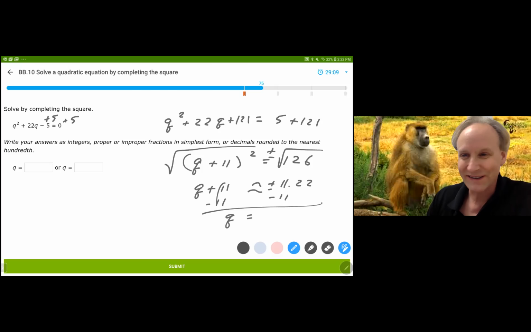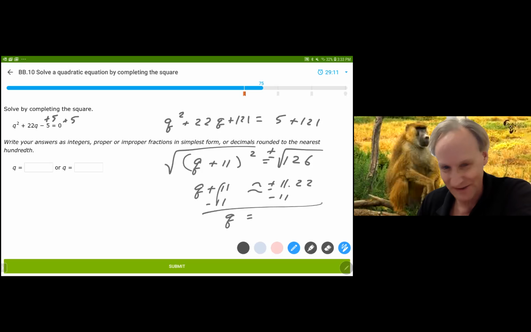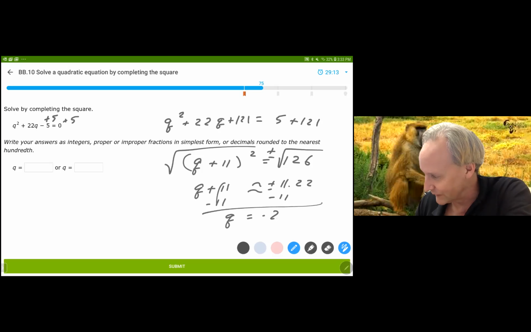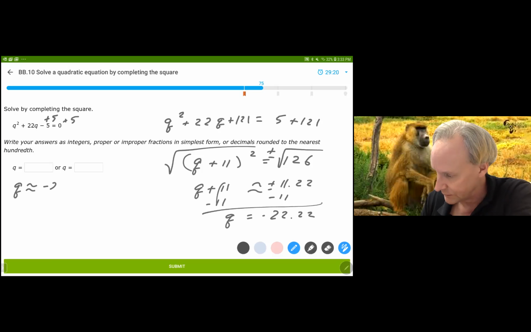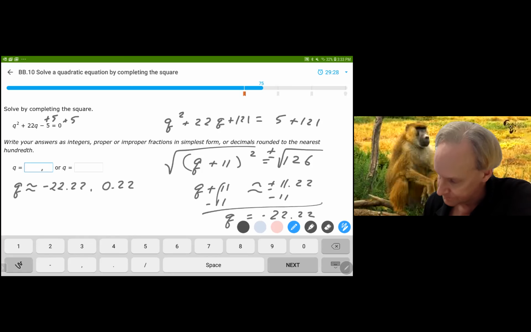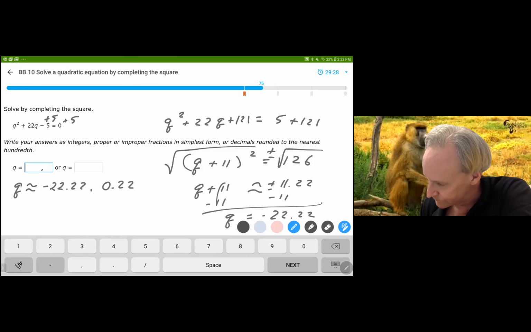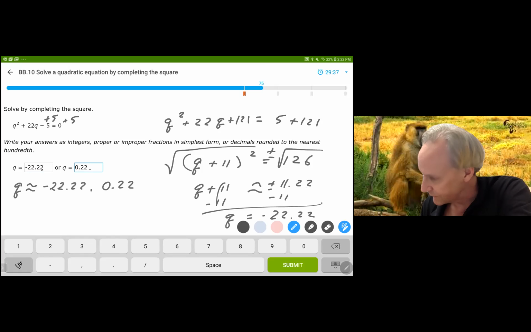If you need any more, I'll certainly do more of them, but I can't imagine. That's going to be negative 22.22. Put it up here. And we've got a 0.22. And I believe that is correct.